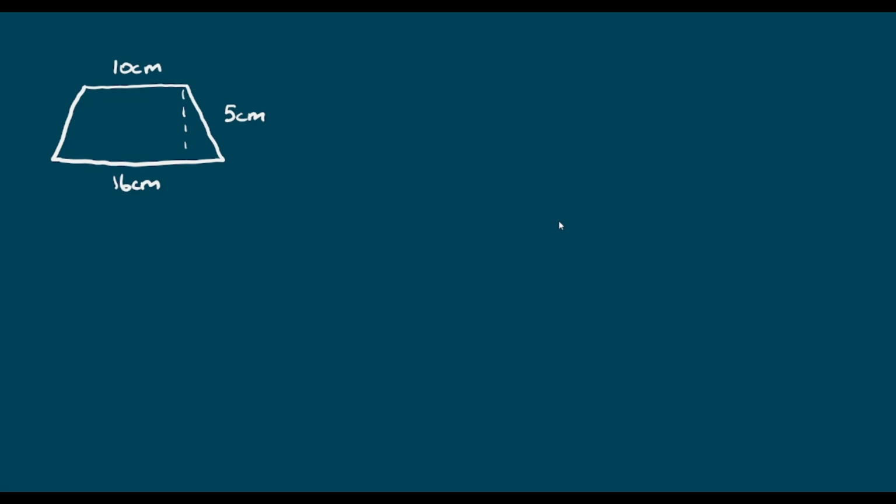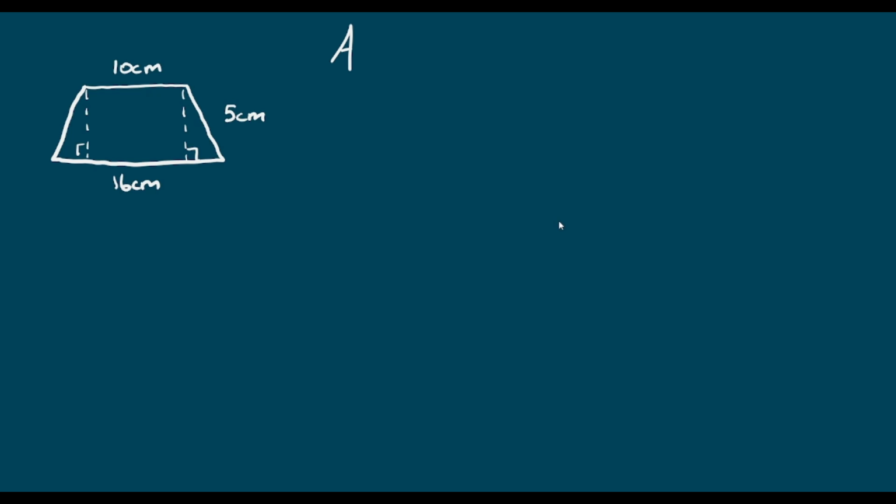Now first, if you take a look at this, you'll notice that it comprises 2 right angled triangles and a rectangle. So the area would be the sum of the areas of all 3 shapes.